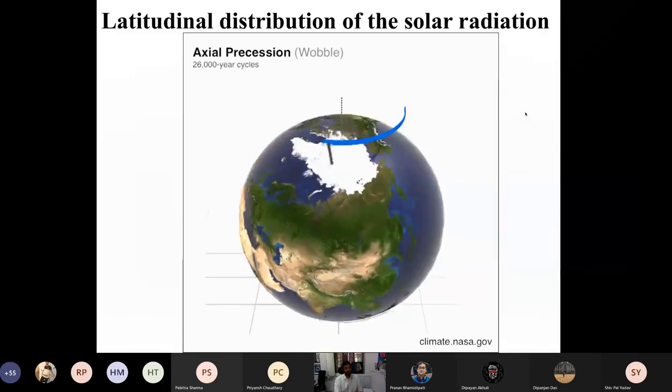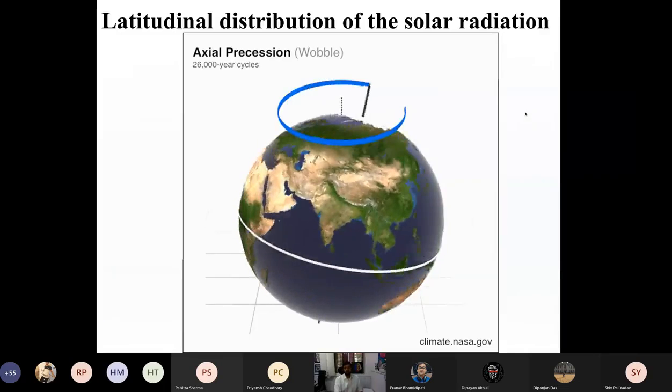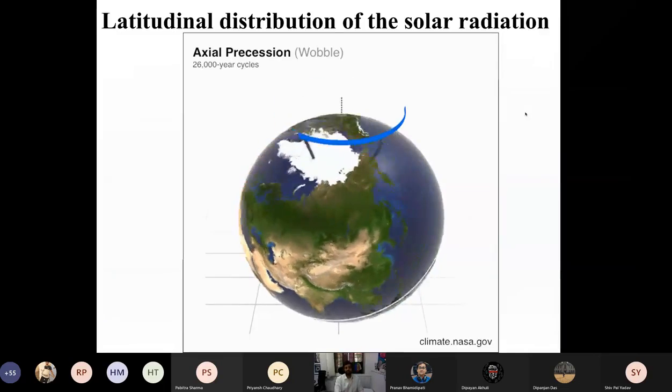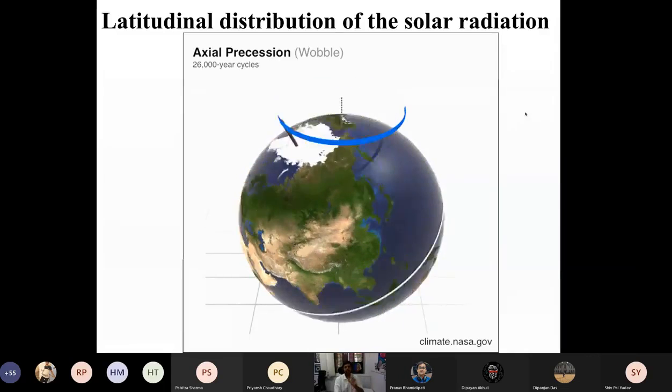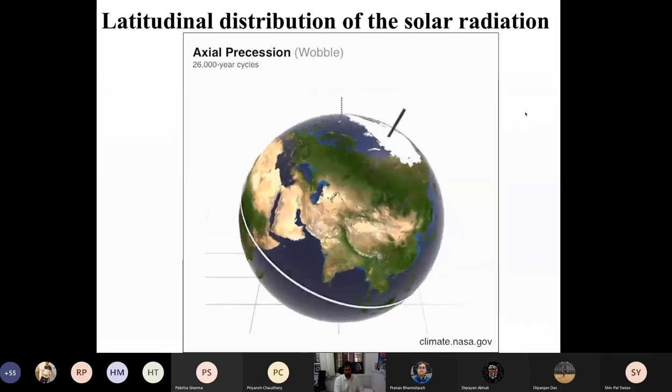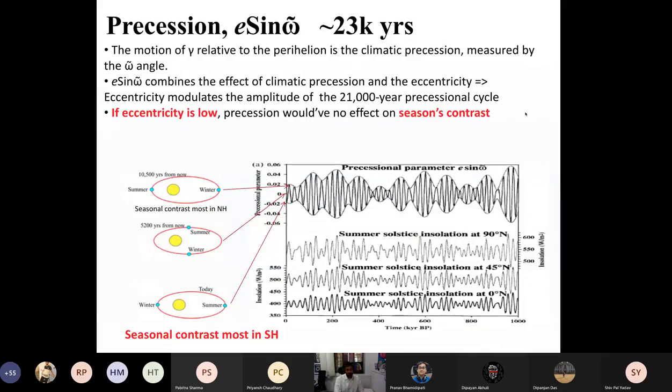Next comes the latitudinal distribution due to axial precession. What is it? The axial precession is its rotational movement around its axis. Okay. Now, axial precession has a typical rhythm of around 23,000 years. The axial precession is essentially controlling the seasonal contrast of temperature due to a particular eccentricity.